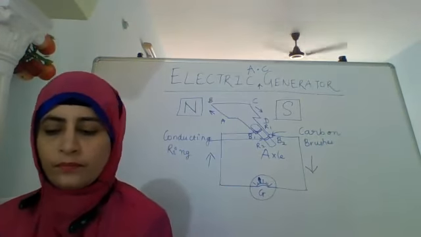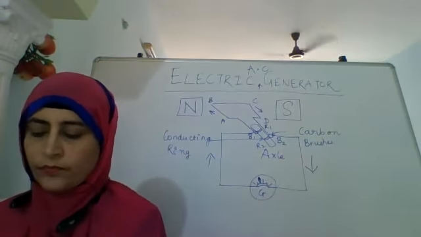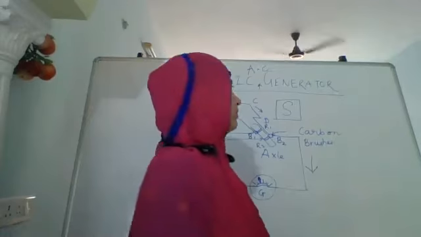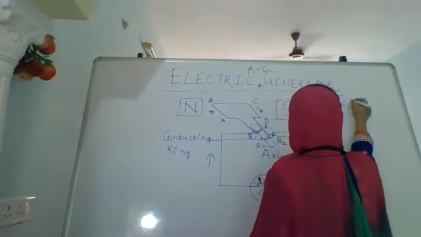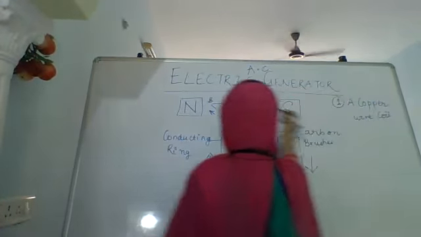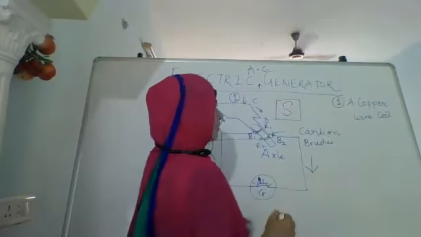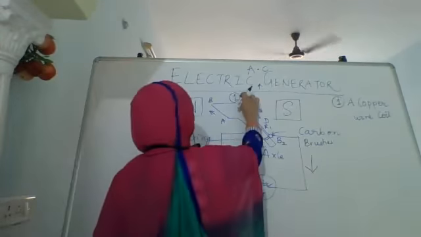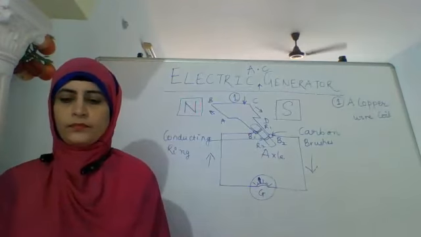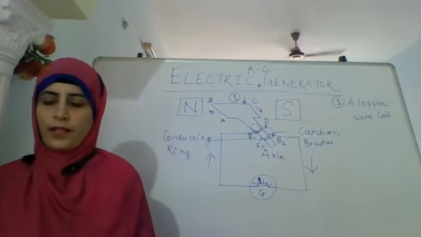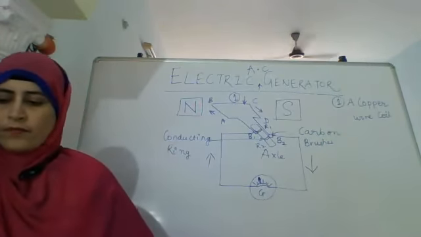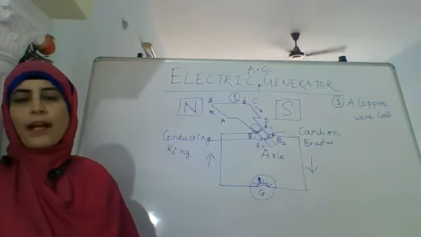First point, a copper wire coil, A, B, C, D. Second one, strong magnets. Write strong magnet.